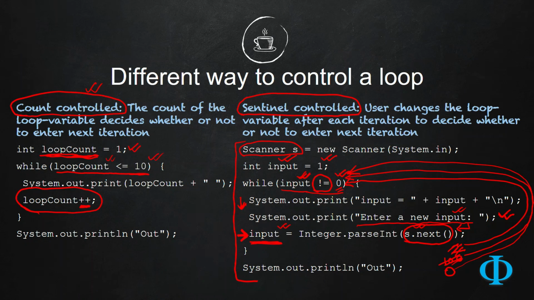Is it true or false? Well, of course this is false because the user input is 0. So whenever the user input will be 0, the while loop will break and it will come outside and it will print out in here.